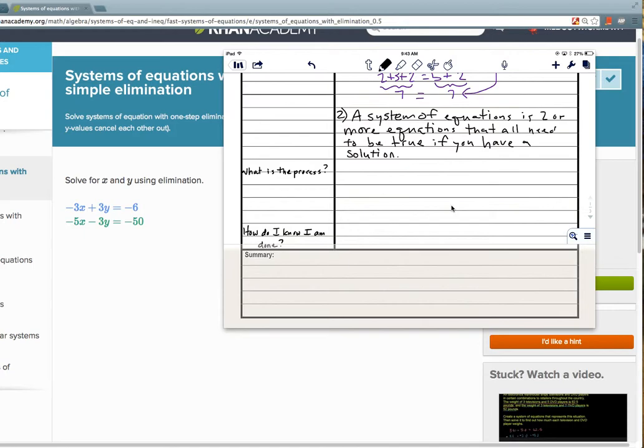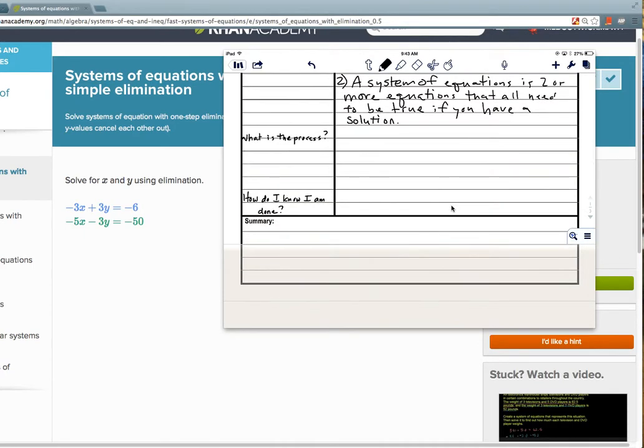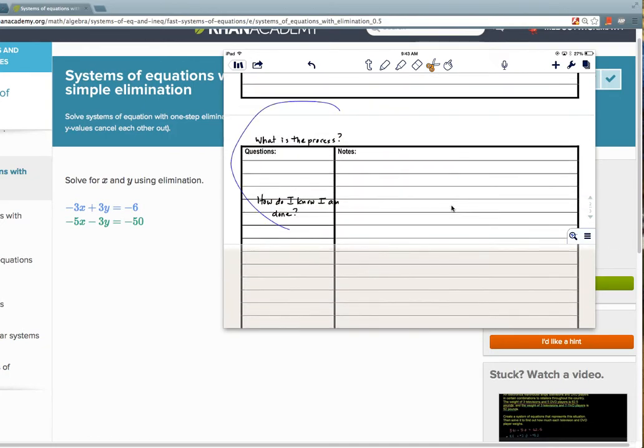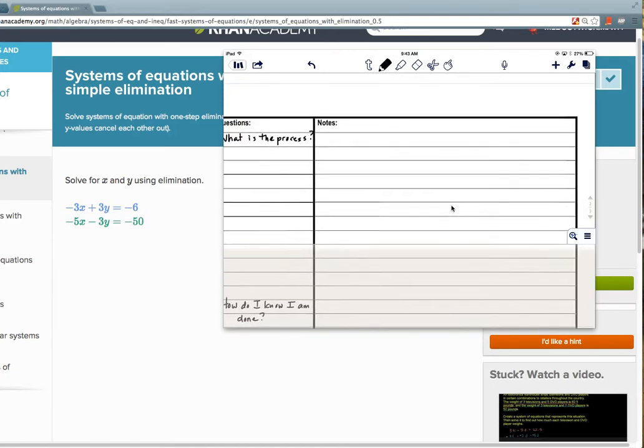I'm going to go ahead and scroll down. We're going to do an example from Khan Academy. So we're going to start with this next question, what is the process? And I'm going to divide this into two sections. This is going to be the description. So I'm going to try to describe the steps I take, and then this is going to be an example.